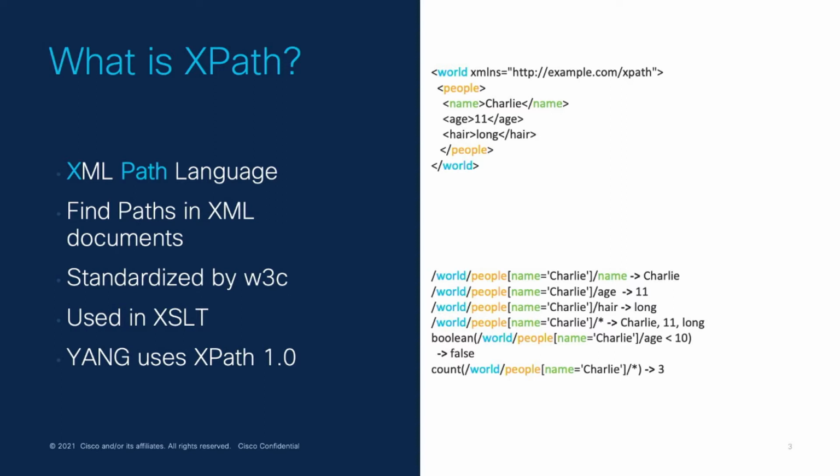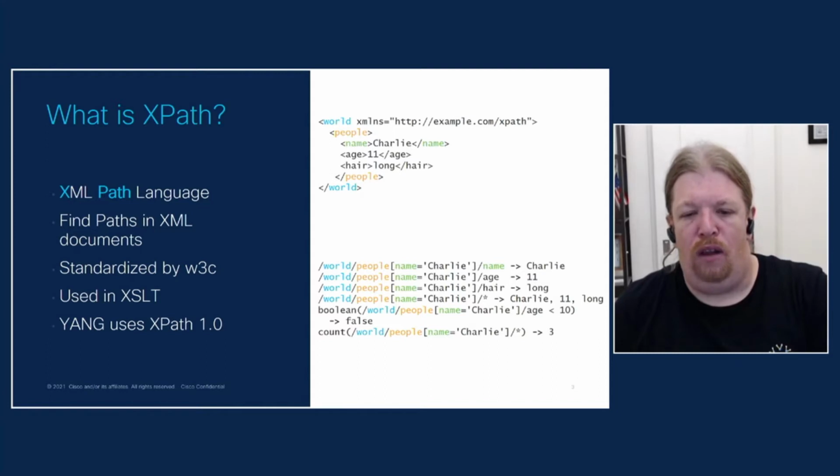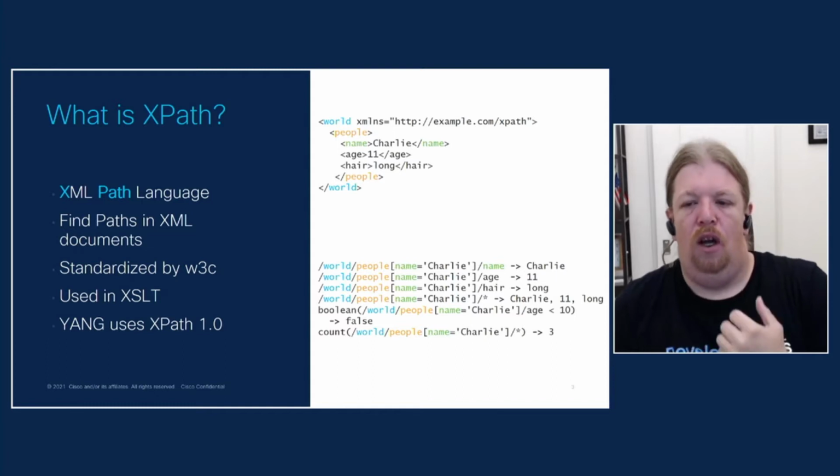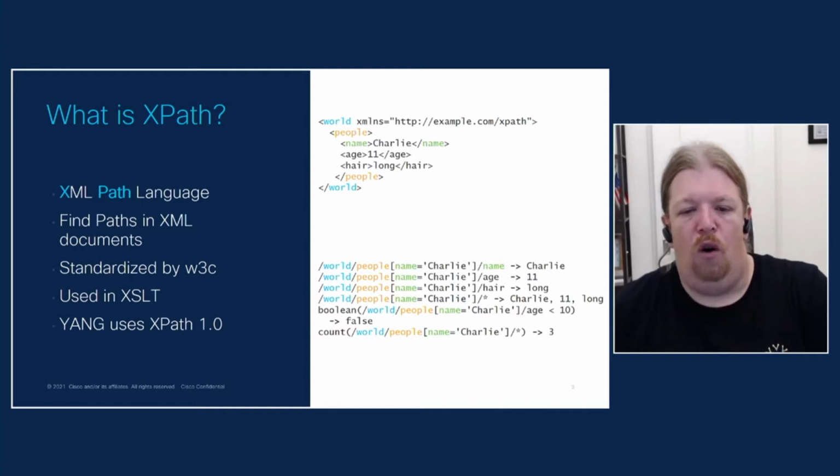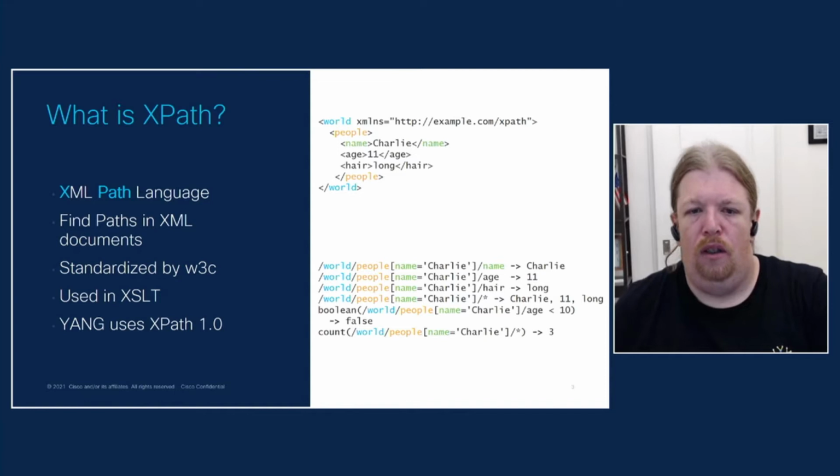So if you look in the IETF standard for Yang, you'll see it specifies exactly XPath 1.0. And this means that even though there are later versions of XPath defined by the World Wide Web Consortium, in NSO and in Yang, we always use XPath 1.0. So if you look around on the internet for information, it is important to remember that.